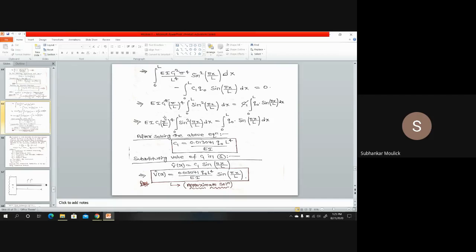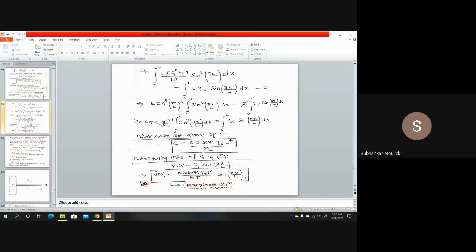Now you just have to simplify these integral equations. Very simple. If you solve this integral equation, you will get the unknown constant c1 by the Galerkin technique. And that c1 comes out to be approximately equal to 0.013071 q naught into L to the power 4 by EI.